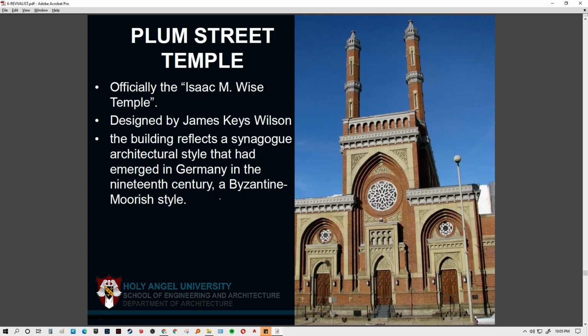So the first example of this is the Plum Street Temple, which is officially the Isaac M. Wise Temple. It was designed by James P. Wilson and reflects a synagogue architectural style that emerged in Germany in the 19th century, with some Moorish motifs. It has a different proportion of pillars than an Egyptian motif, windows or openings.